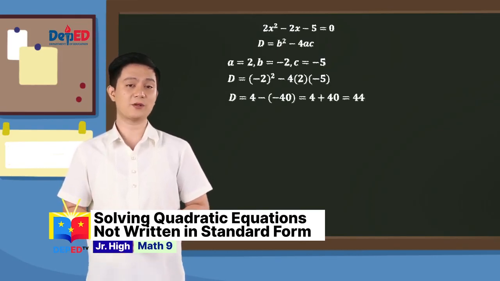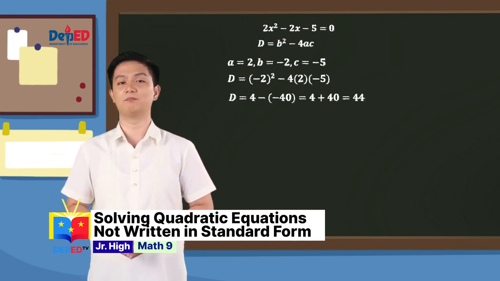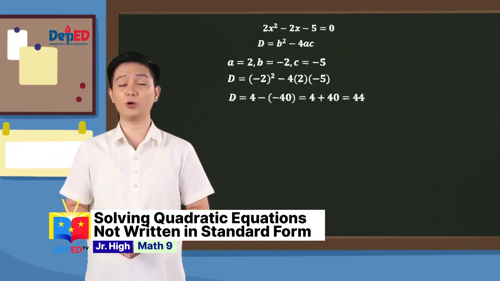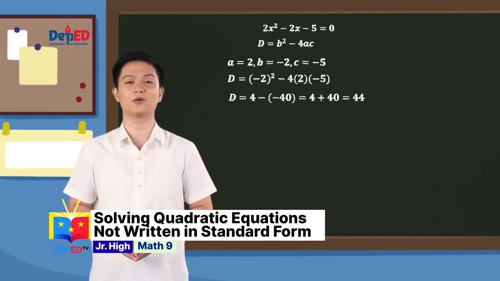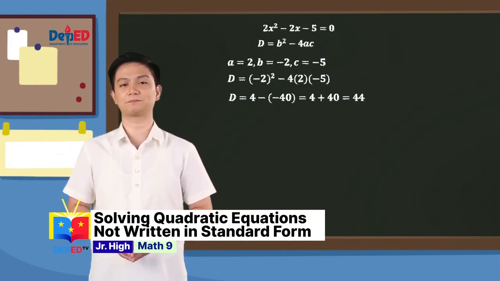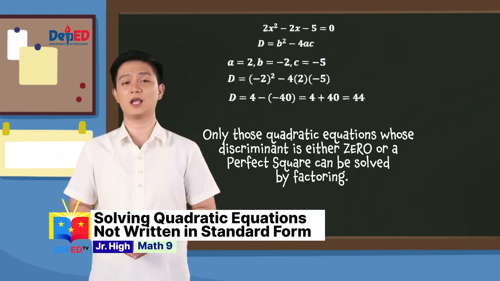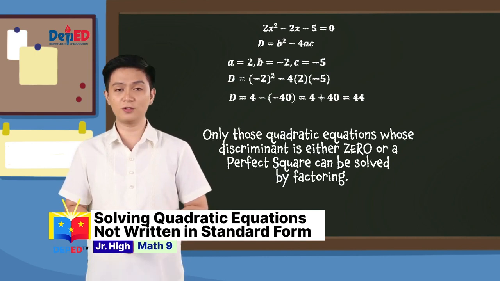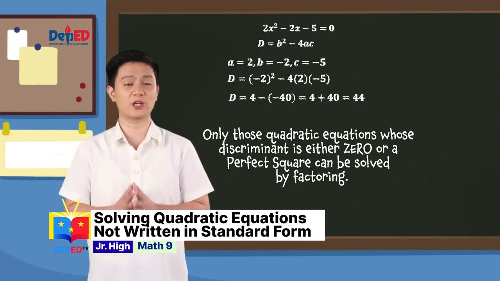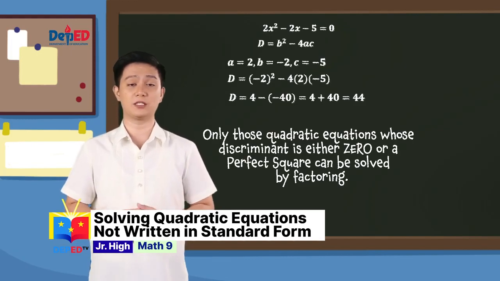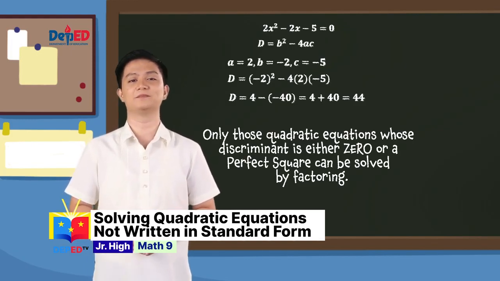So, d must be equal to 4 minus negative 40, or 4 plus 40, and thus d is equal to 44. The discriminant of the equation is 44, which is not a perfect square. Only those quadratic equations whose discriminant is either 0 or a perfect square can be solved by factoring.